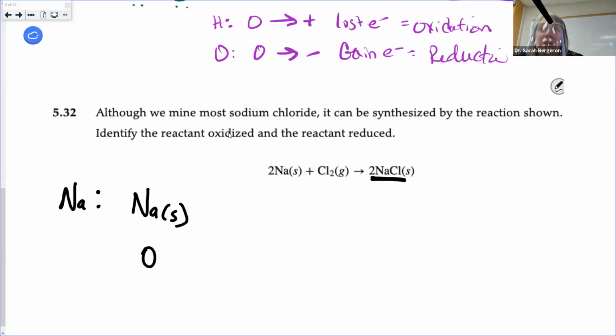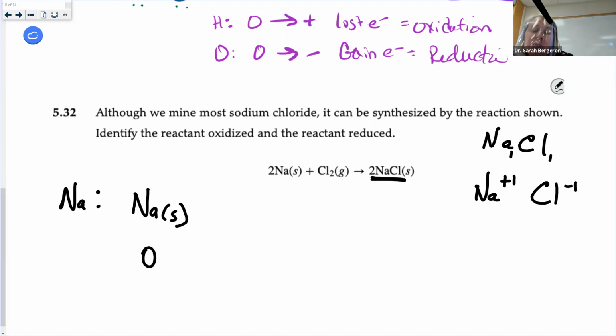By definition, ionic compounds contain ions. Why do I not see a charge? Because the charges balance each other out because it's an ionic compound. So what's the charge on sodium in sodium chloride? Remember we said you could do the reverse crossover? So Na is a +1, Cl is a -1.